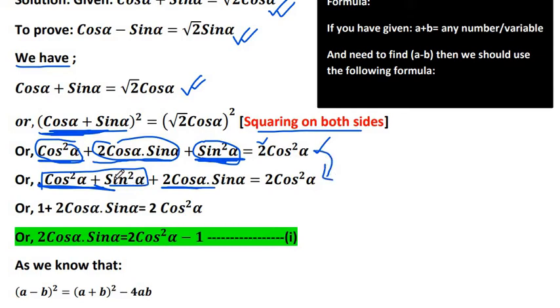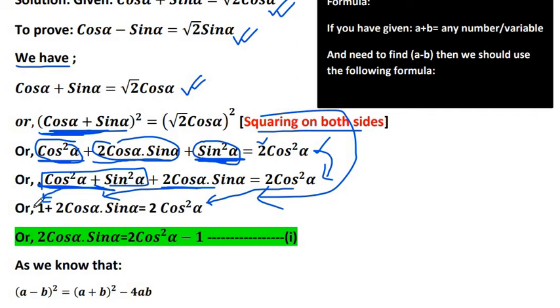You know that cos square alpha plus sin square alpha is always equal to 1. So in the place of the sum of cos square alpha and sin square alpha we write 1, and 2 cos alpha sin alpha is as it is, and on the right hand side we have only 2 cos square alpha. I just copied it from the previous step as it is.